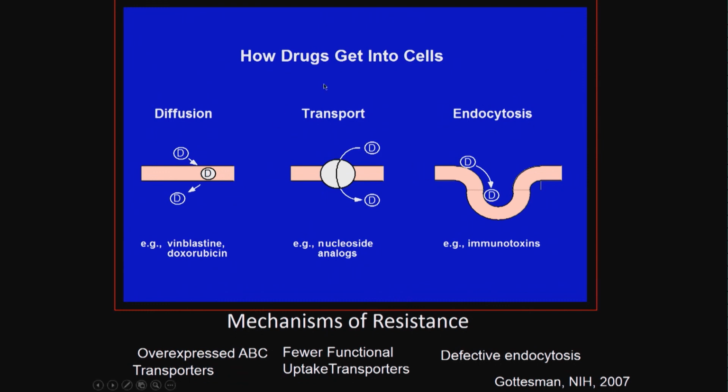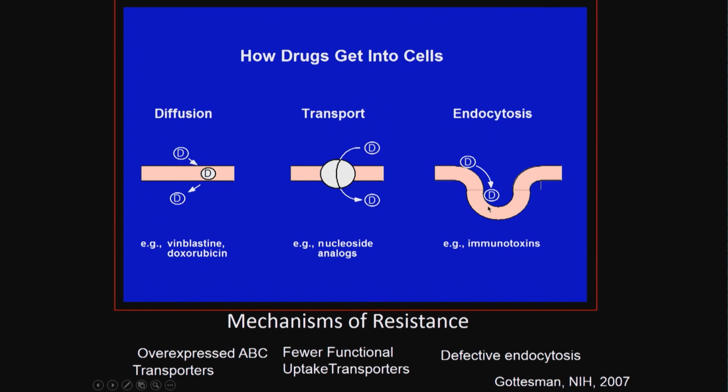For example, if you look at how drugs get into cells, one is diffusion. If you take anti-cancer drugs, this is through vinblastine, doxorubicin diffusion. Then transport, nucleoside analogues, so there are transporters which transport. Then endocytosis, which is like gobbling up, like all your immunotoxins.